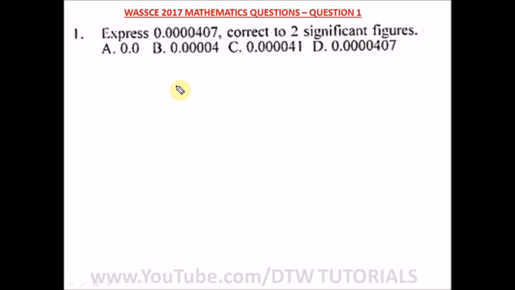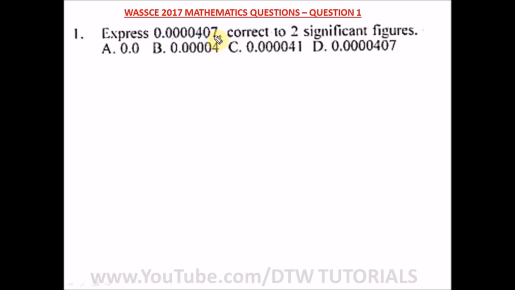Remember significant figures? In significant figures, it's quite different from decimal places. In decimal places, you start counting from the decimal point, but in significant figures, you start counting from the first non-zero value. We are correcting to two significant figures, so we count 1 and 2.